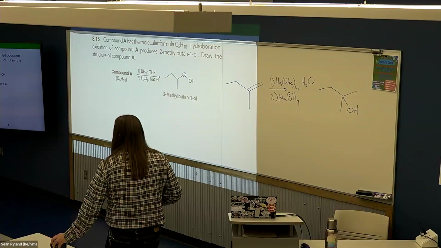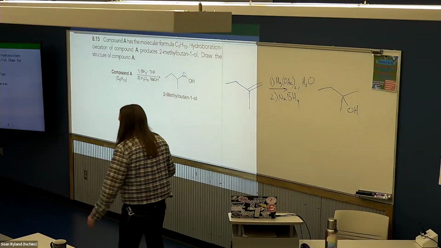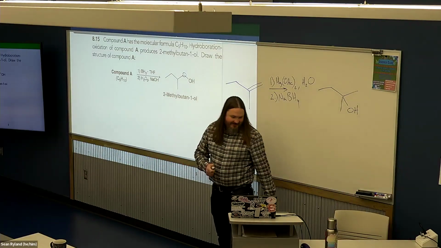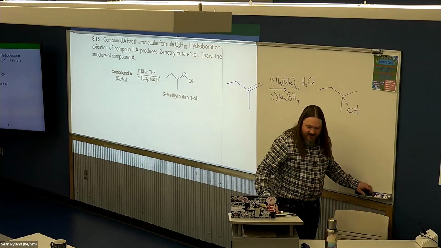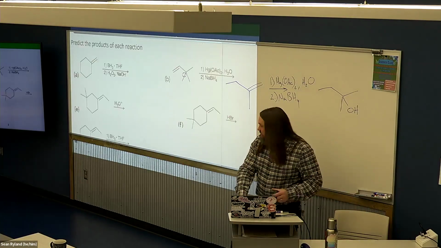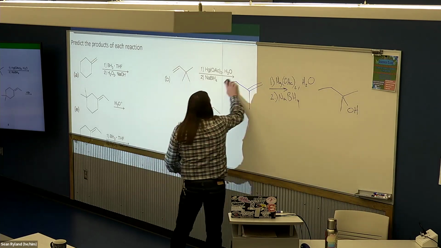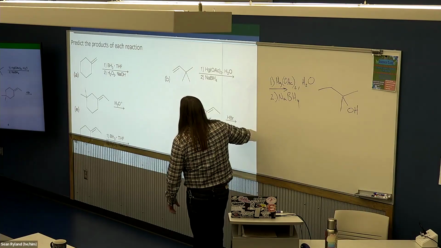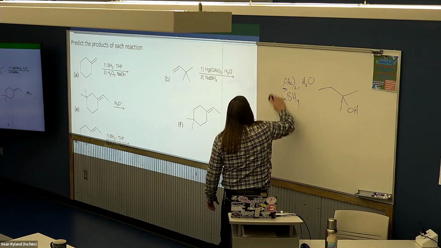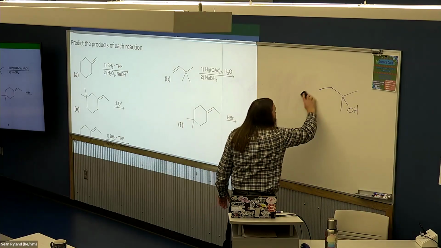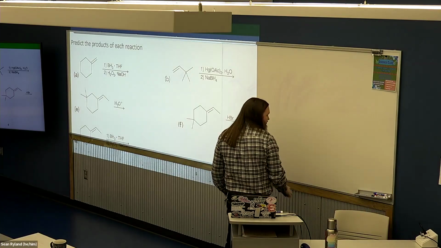You know how this works, Taylor. We teach you the normal cases, then we teach you the exceptions. All right, let's just do a couple practice problems. Just writing the products, not doing the mechanisms. But you can if you want.